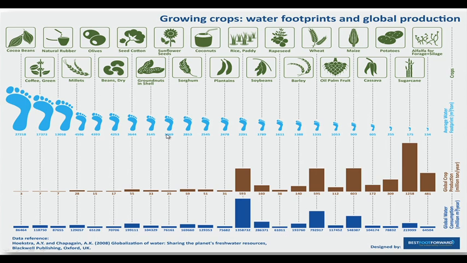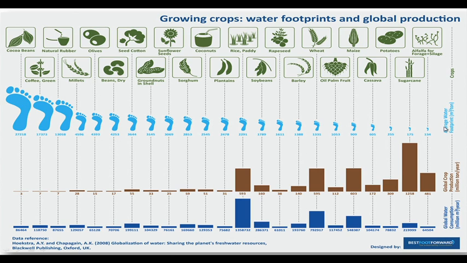We see similar things on the next graph, which again shows the different foods being produced. From left to right, left being the lowest water footprint, as we go to the right we see a higher and higher water footprint. That's why for the footprint signs that you see in the middle, the bigger the food size, the bigger the water footprint.